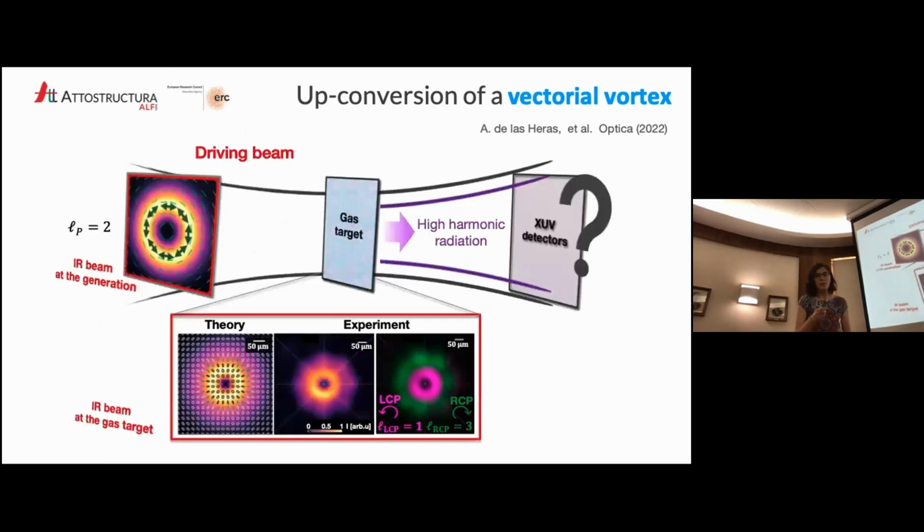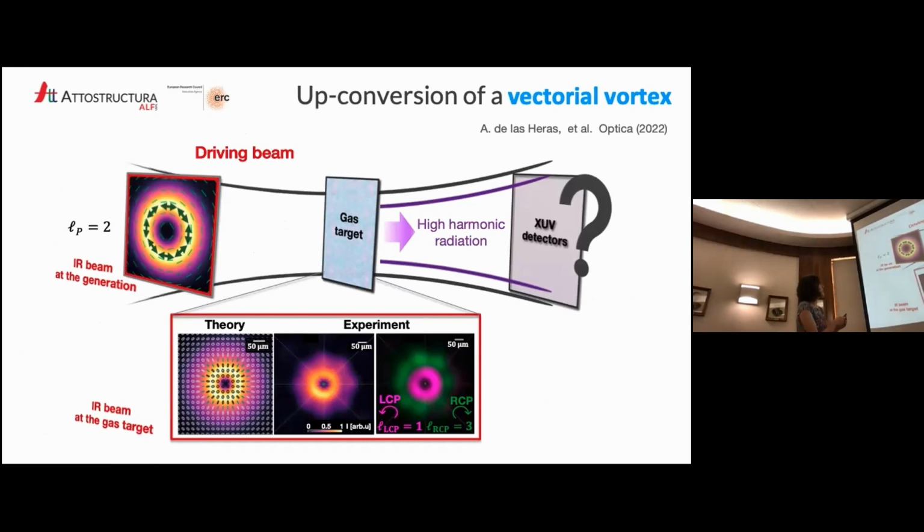So when we upconvert a vectorial vortex into the high frequency regime, we need to take into account the driving beam evolution during propagation. As I said, this is not an eigenmode of the propagation operator, so the properties change during the propagation.